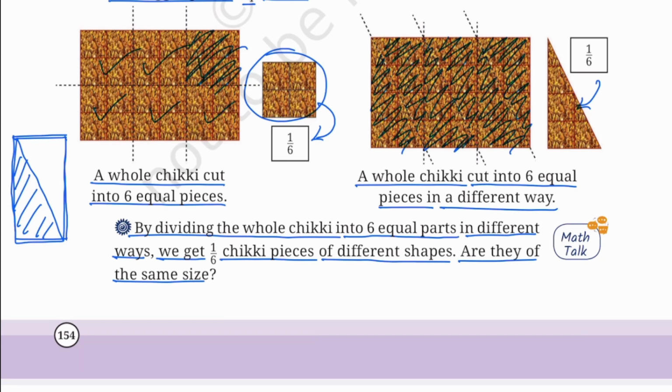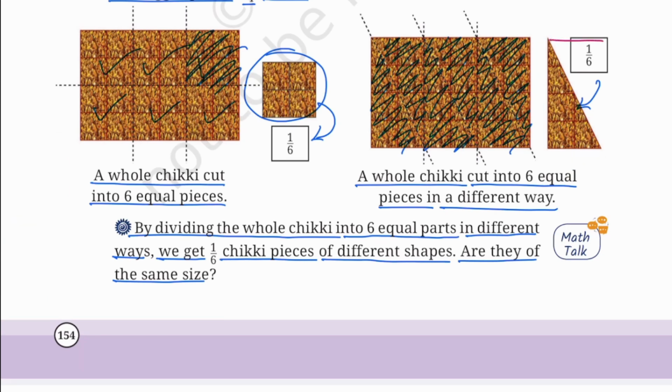Kindly compare this triangle with this triangle. You can see it has 2 units width and 1, 2, 3, 4, 4 units height. So 4 into 2, that is 8 square units.